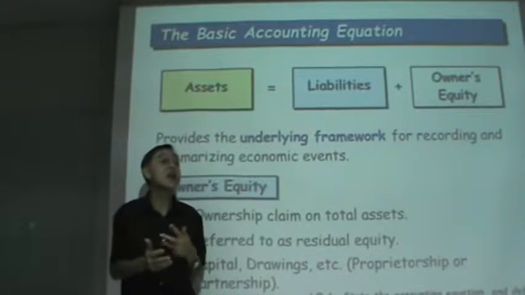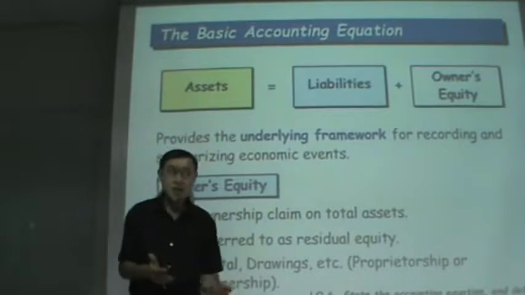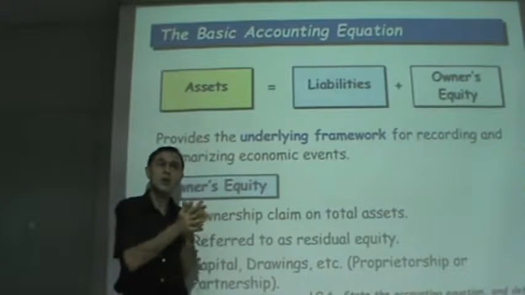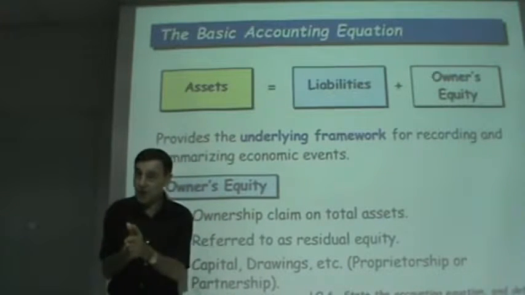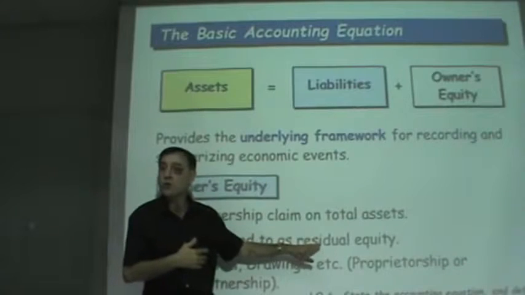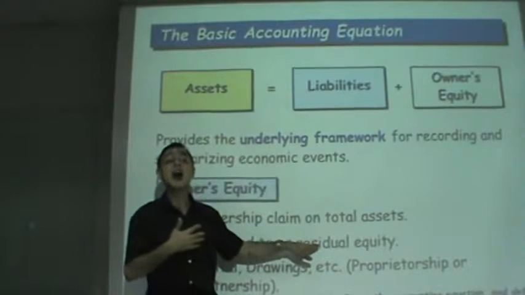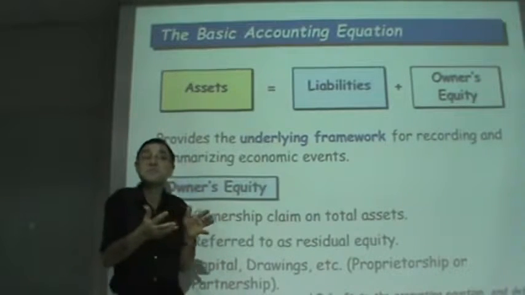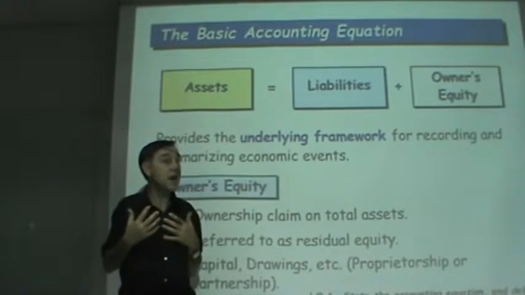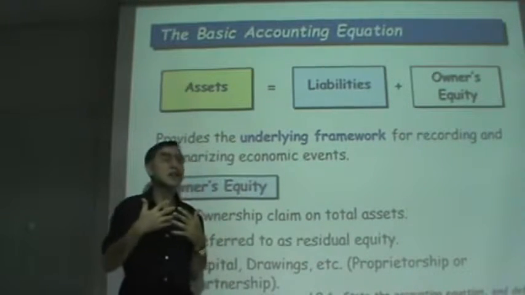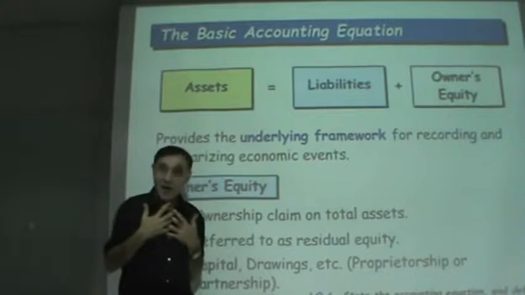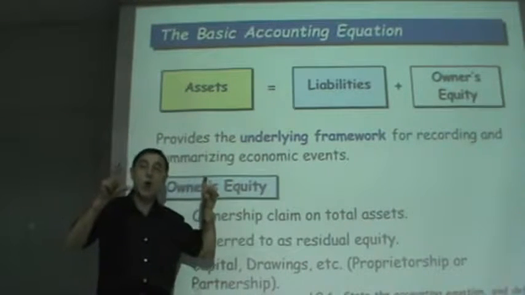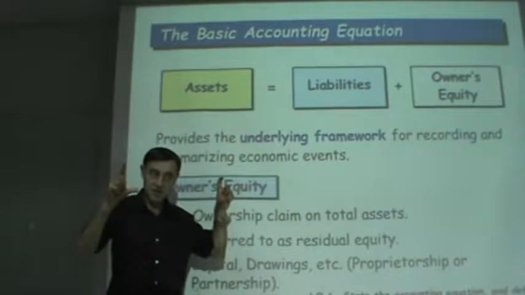We call these creditors, okay? So after all creditors get paid first, the owner gets paid last. Whatever is left. If there is money left, he gets paid. If there is no money, he doesn't get paid, okay? And of course, the payment we call dividends, okay?